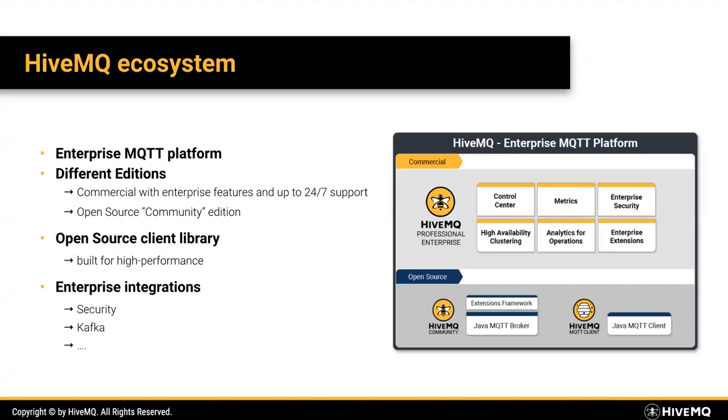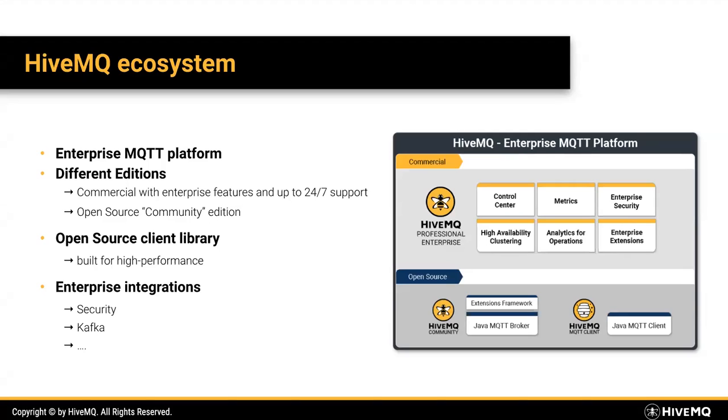Currently, there's the Java MQTT client, which is a very high performance MQTT client, which can be used blocking or asynchronously, and even comes with a reactive API. It's very easy to start with, and it's very easy to build very performant applications with it.